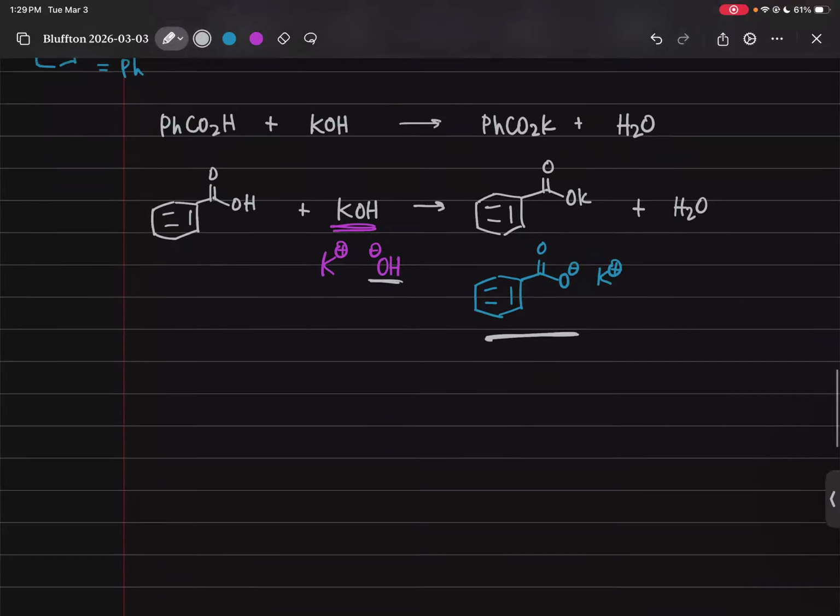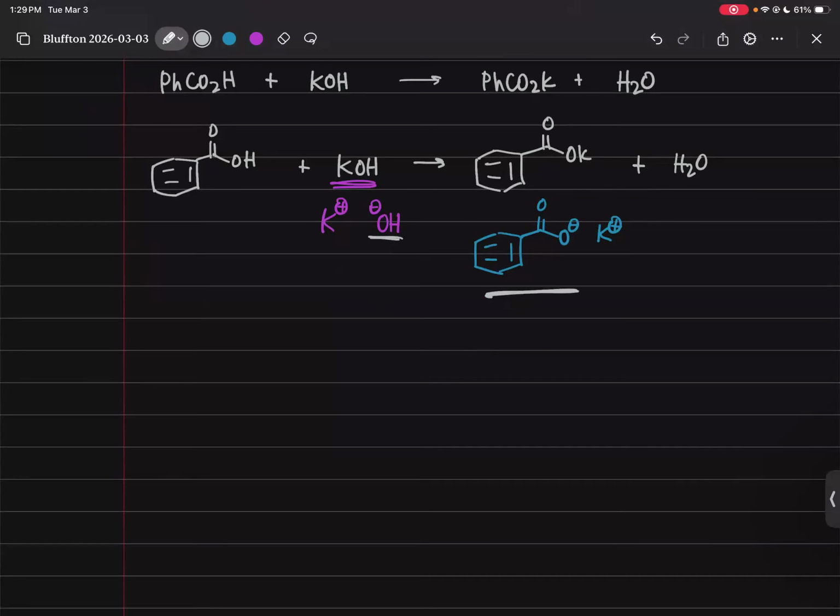And so the other way that we might write this reaction is just without the potassium, like this.